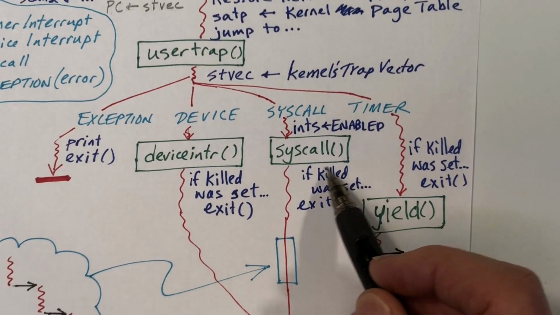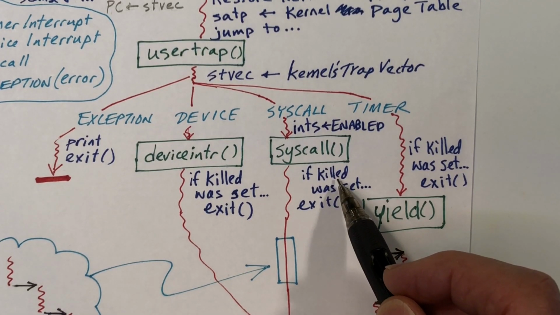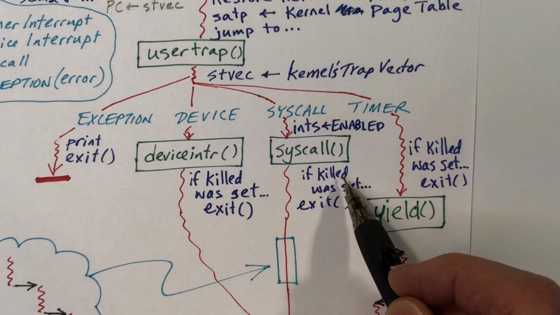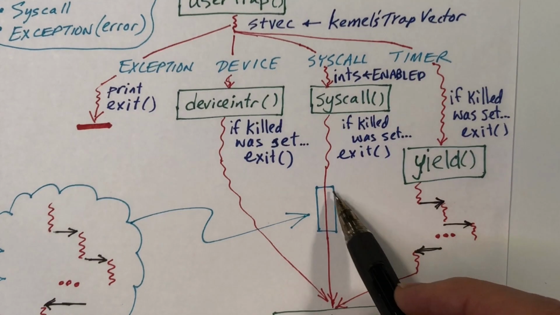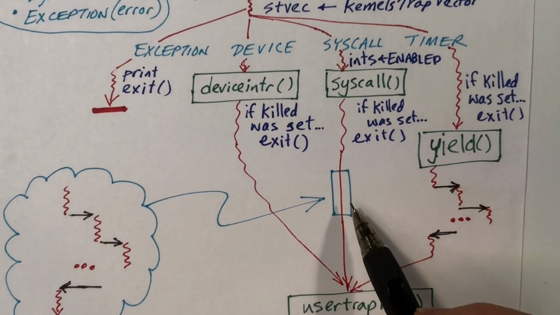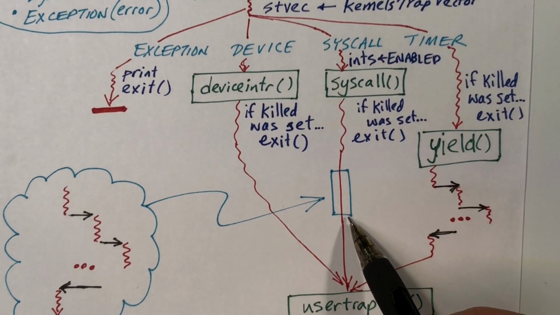We also check the killed flag. There's a Boolean value that is set if somebody wants this process to die, and if it was set, then we invoke exit.